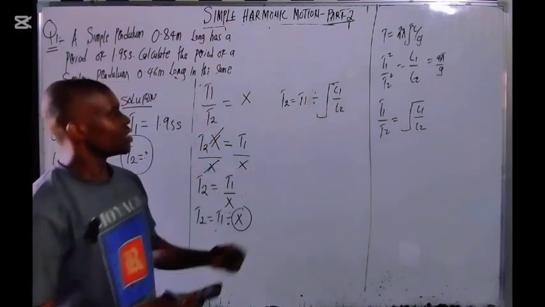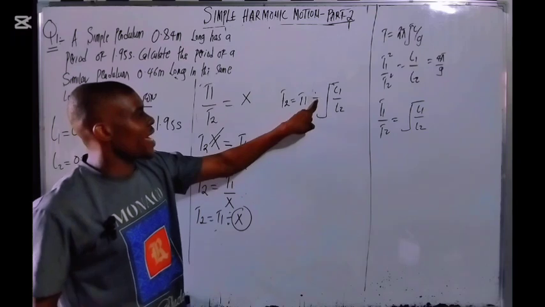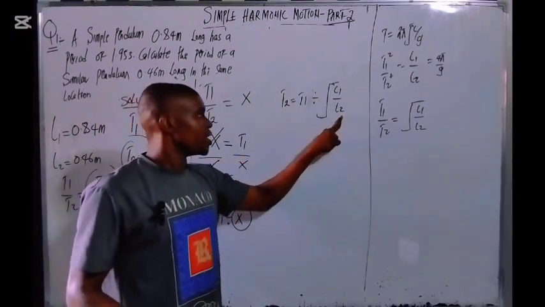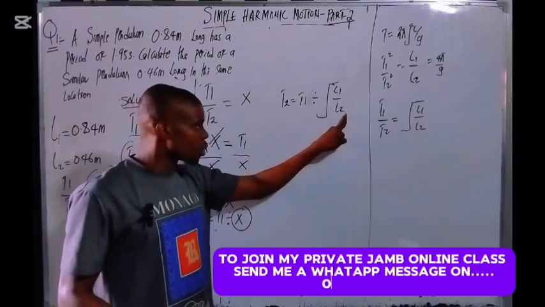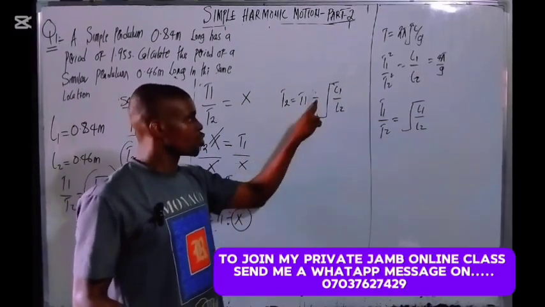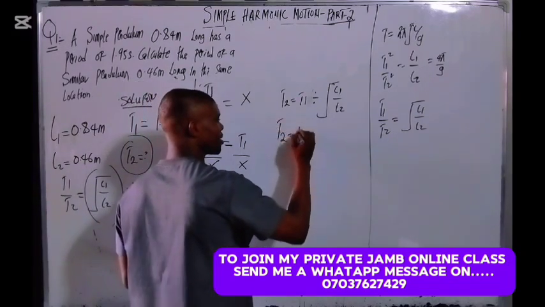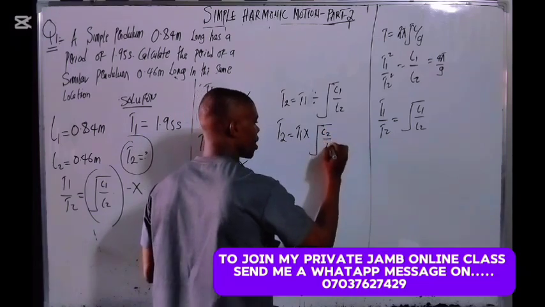Now remember, in mathematics, if there is a divide and I'm going to change it to times, the numerator will go down and the denominator will go up, so I have to change the sign. So now T2 equals T1 times the square root of L2 over L1. Can you see that?